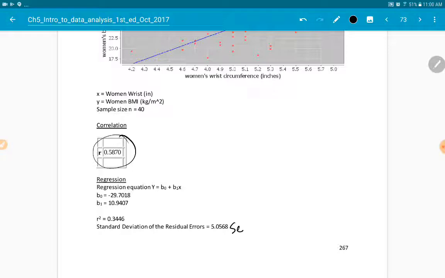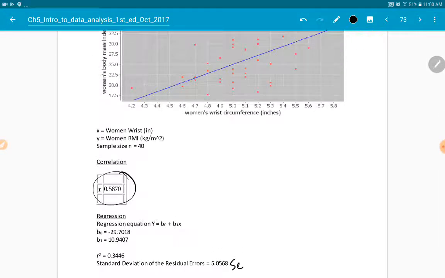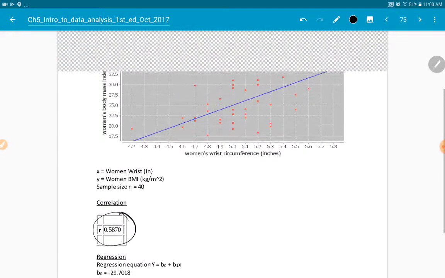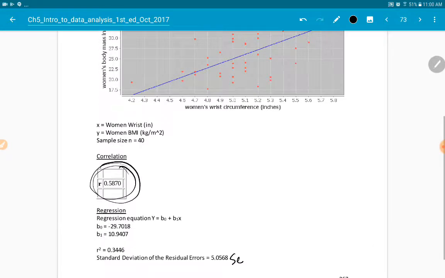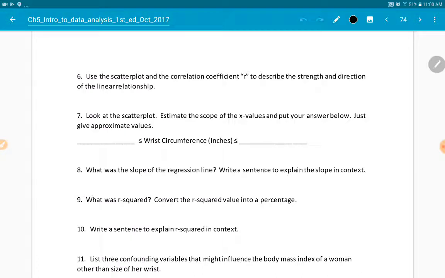in a positive correlation. So it's a moderate positive correlation. It's positive because it's going up from left to right. It's a positive number. And it's moderate because that's where it lands on the number line between 0 and 1. So for number 6, our answer is use a scatter plot and the correlation coefficient to determine the strength and direction.